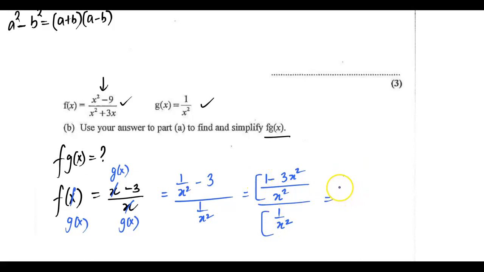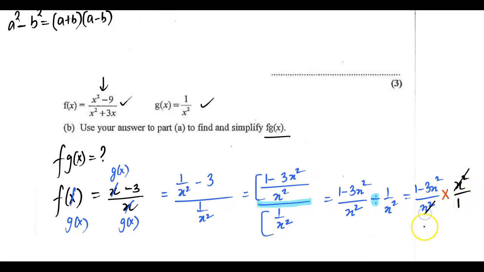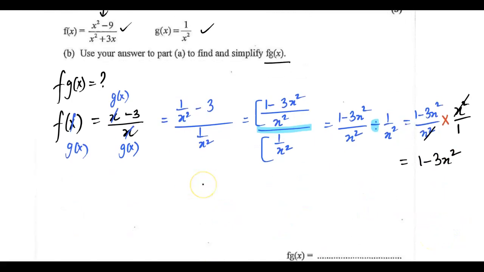What I did, this is represented by the division symbol. What next? 1 minus 3x squared over x squared times x squared over 1. You will be understanding that. So we can cancel the common out. You're going to be left with 1 minus 3x squared. If you've got the same answer, that's great. Otherwise, go through again and understand that.